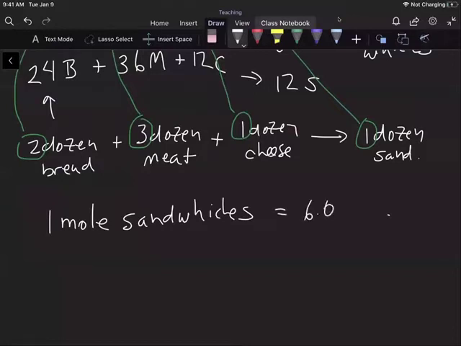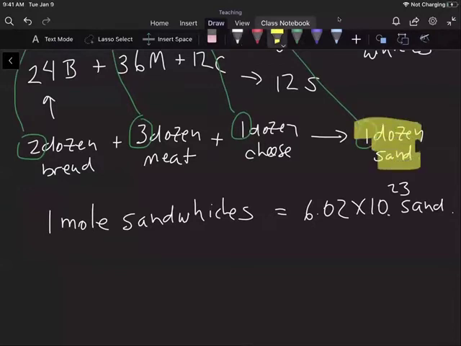We know the number, 6 times 10 to the 23rd sandwiches. Okay, but it comes out to be a mole, just like a dozen. So instead of having what we did here, which was 1 dozen sandwiches, we're gonna have 1 mole of sandwiches. So now I wanna know how many of the different components do I need?